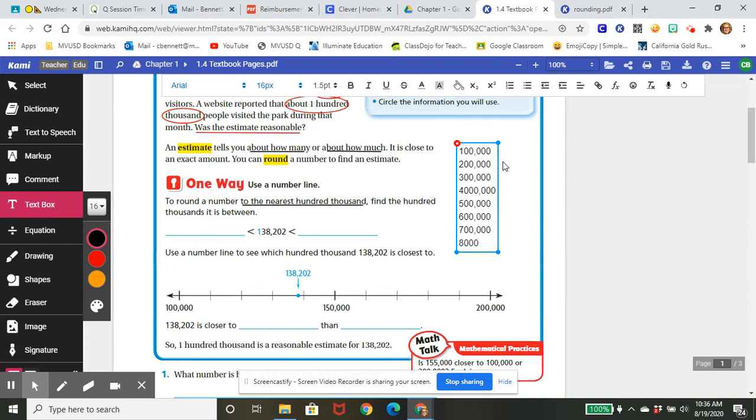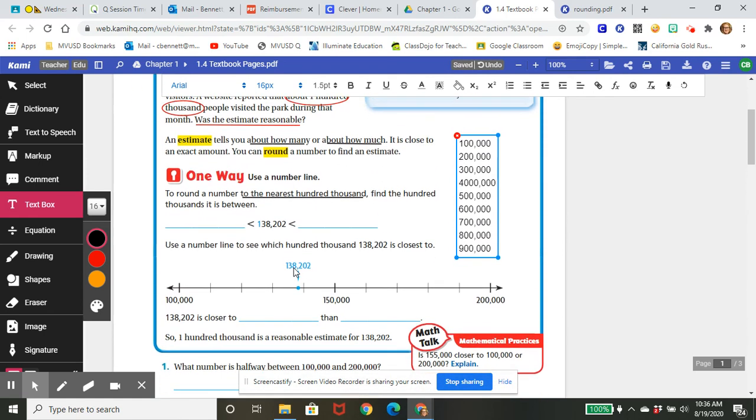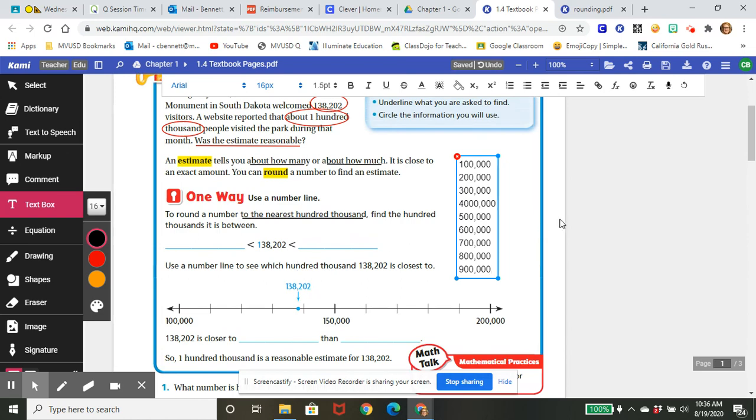So what I want to ask myself is, if I'm counting up to this number, 138,202, what is it going to be between? Will it be between 100,000 and 200,000? 200,000 and 300,000? 300,000 and 400,000? And so on.